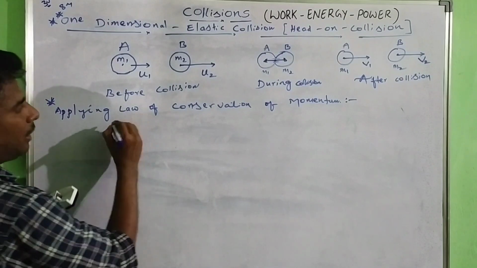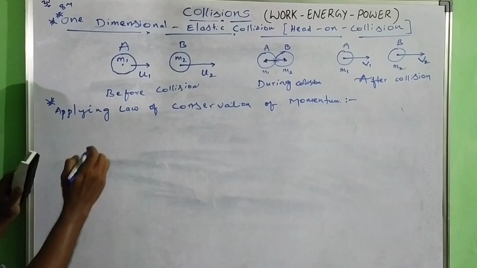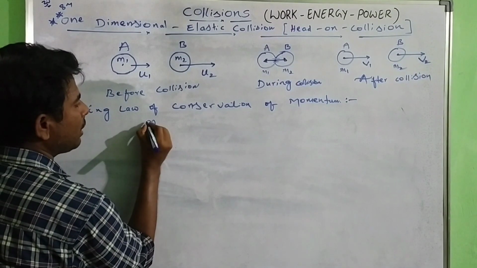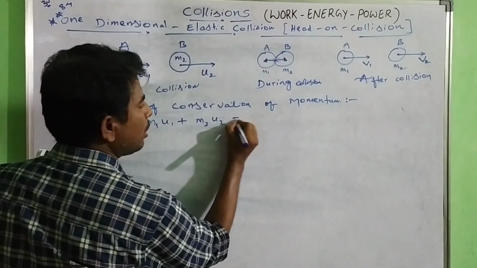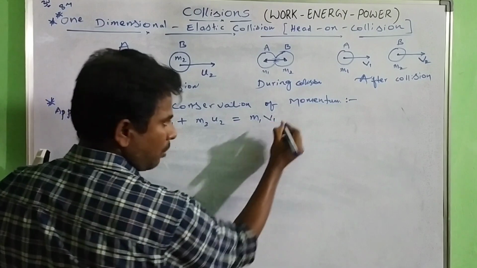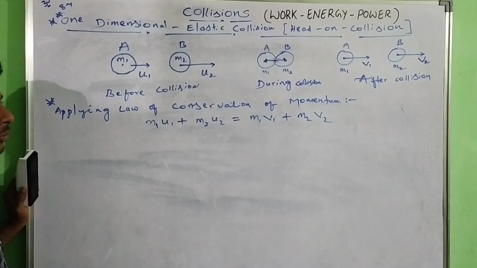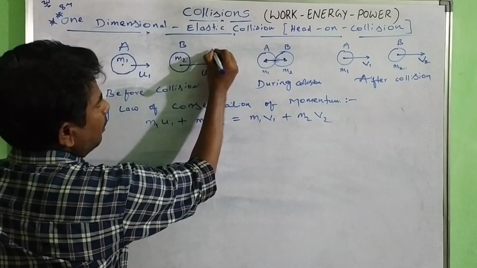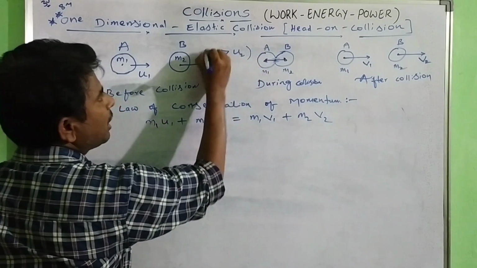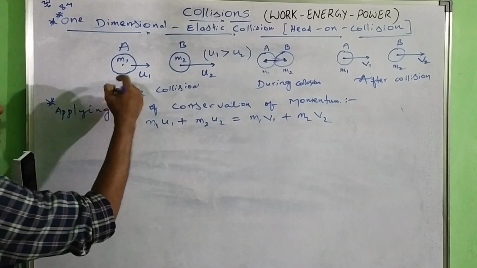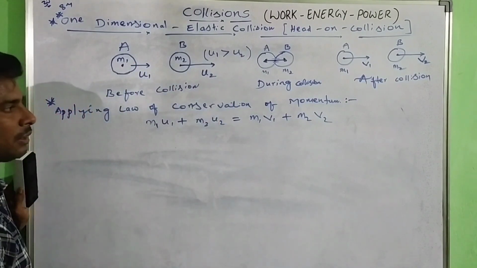The law of conservation of momentum gives m1 u1 plus m2 u2 equals m1 v1 plus m2 v2. Here the condition is u1 is greater than u2: the first body's velocity is greater than the second body's.